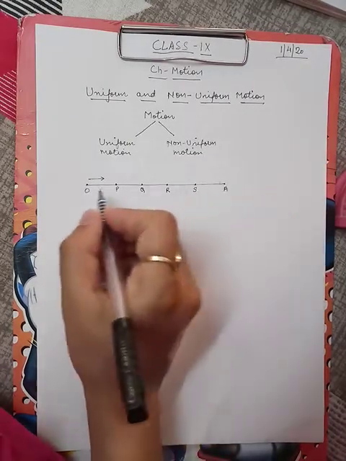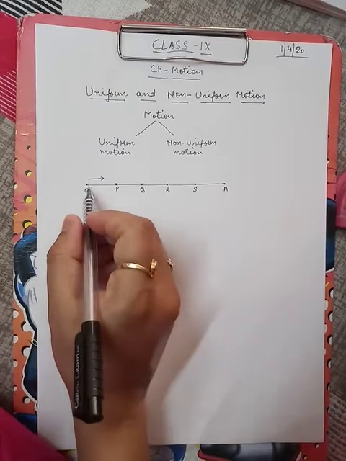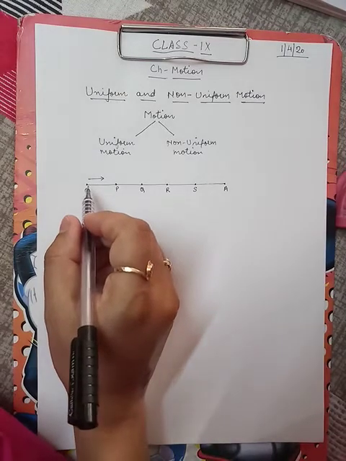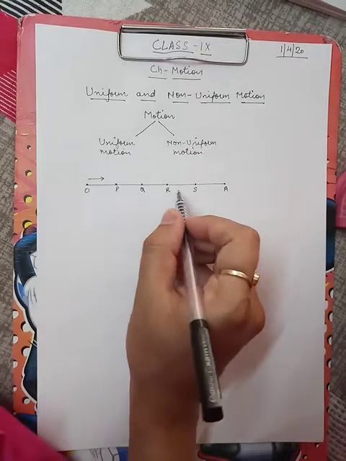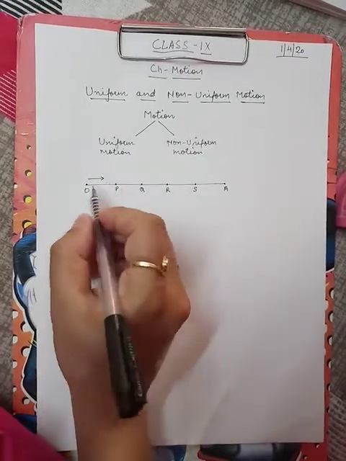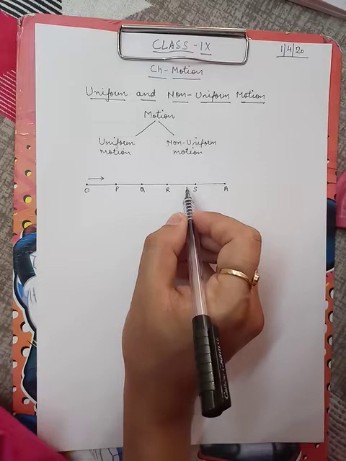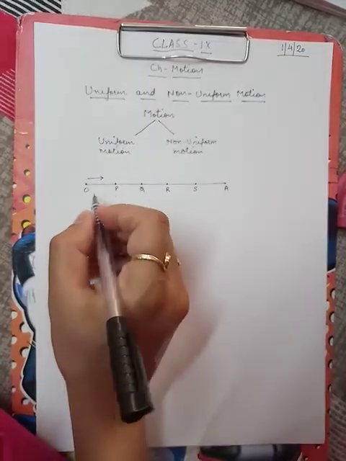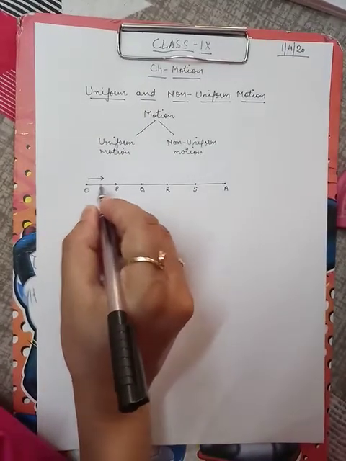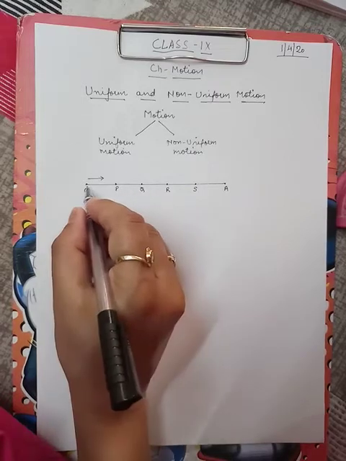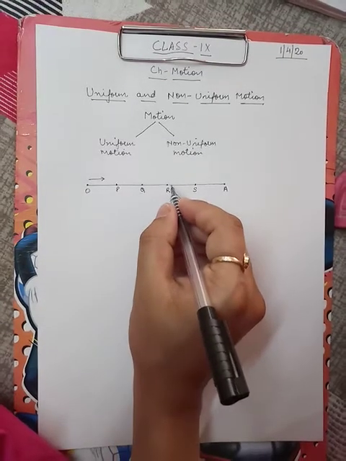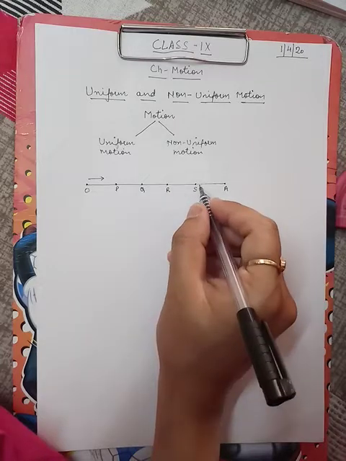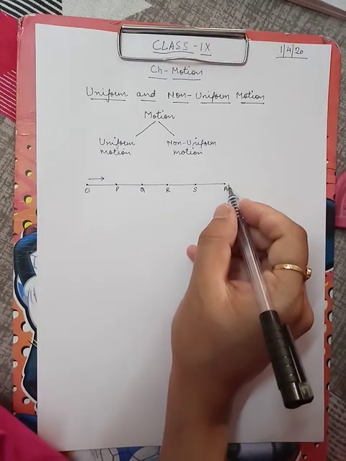In this whole journey the object is covering some distances till point P, then Q, then R, and then S, and these distances we can see over here are equal distances. O to P is similar to P to Q, and then it is equal to Q to R, then R to S, then S to A, we can see, right?